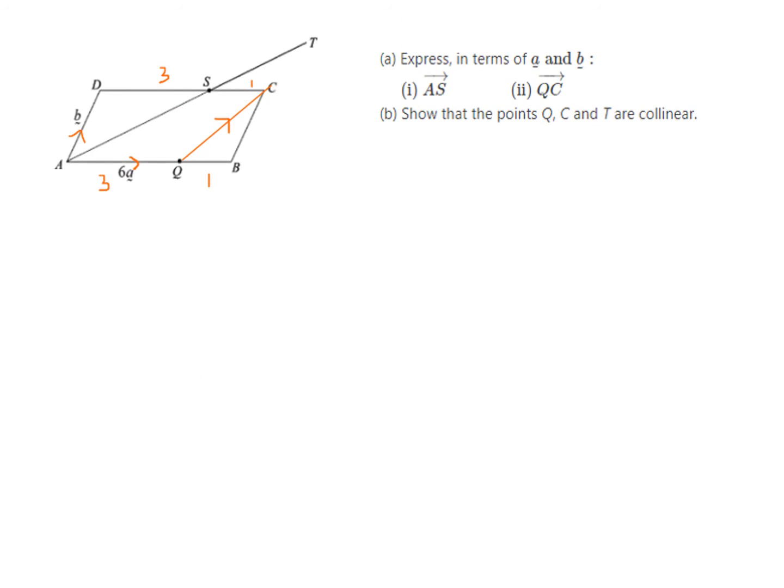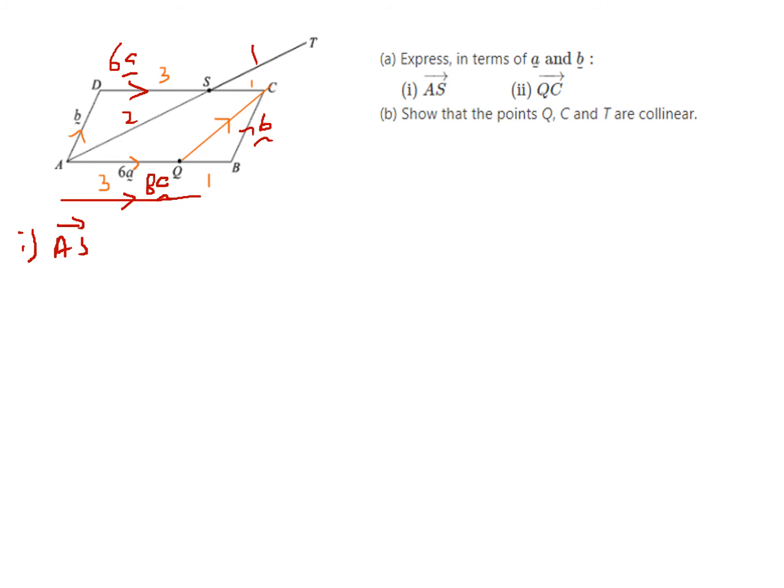Information obtained from the question: vector AB is 8 vector A, vector BC is vector B, vector DC is 6 vector A, and AS is 2ST. Vector AS.